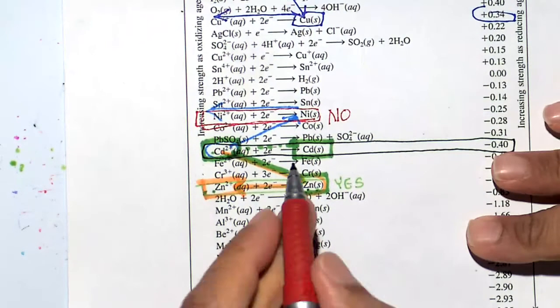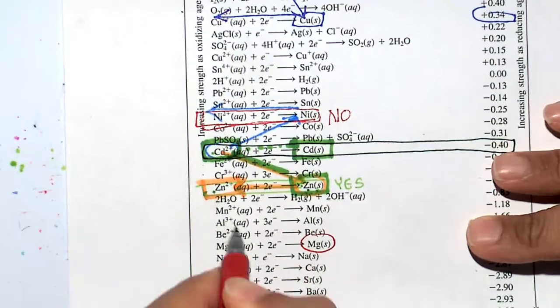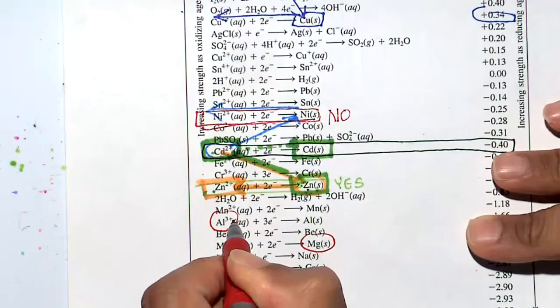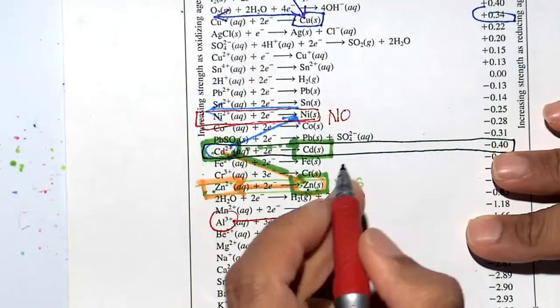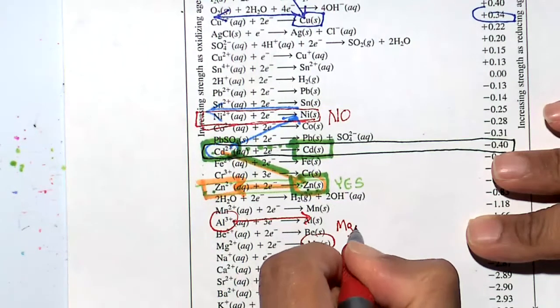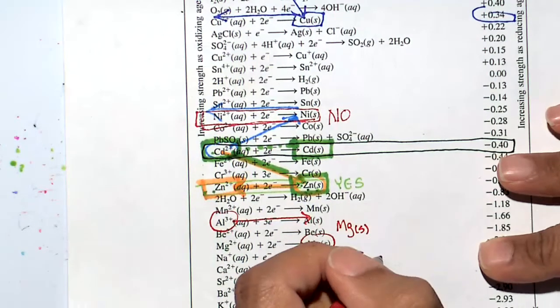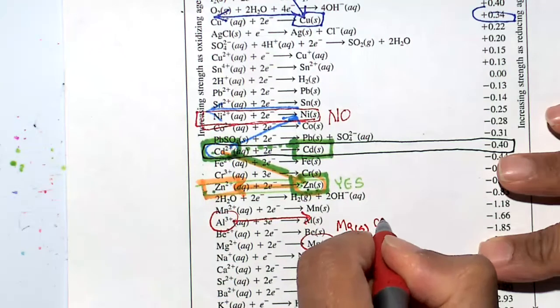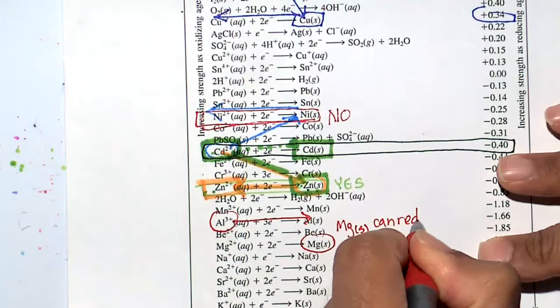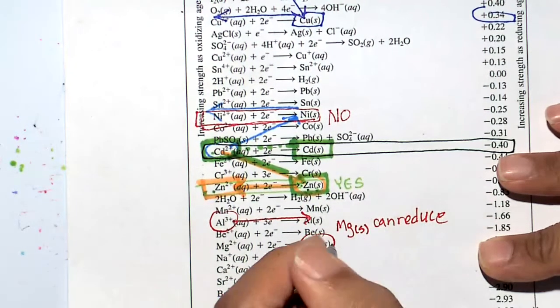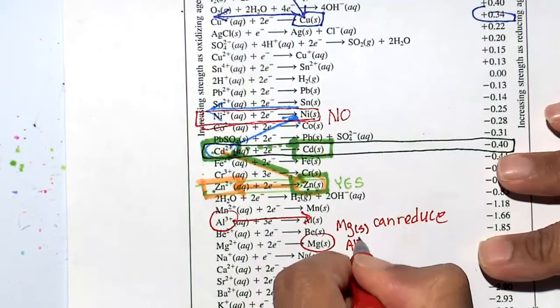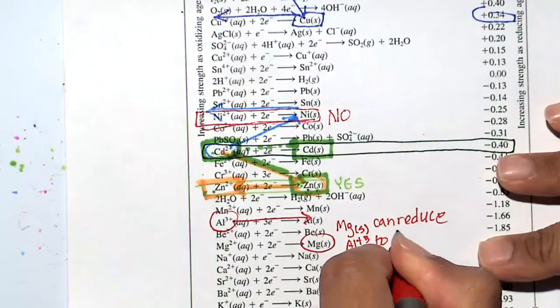All right, let's look at this one here. Can magnesium reduce aluminum plus 3 to aluminum solid? Yes or no? Yes. Magnesium can reduce Al plus 3 to Al solid.